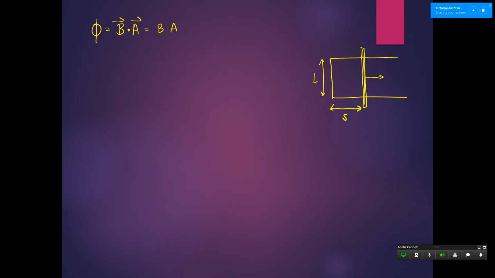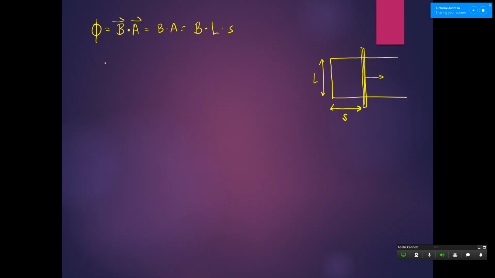Is my magnetic field changing? I kept my magnetic field constant, so my magnetic field is not changing, but my area is changing, and my area is a multiplication. There's a rectangle here, and it's a product of which two dimensions? Yeah, exactly. So my flux is going to be equal to L times S, right? So base times height, if you want to think of it that way.